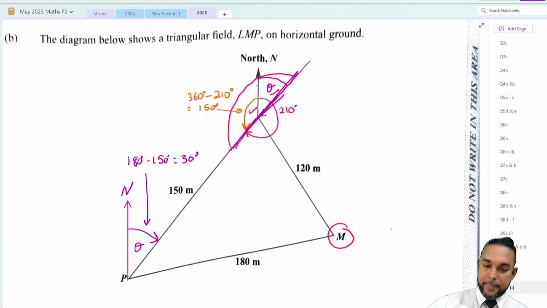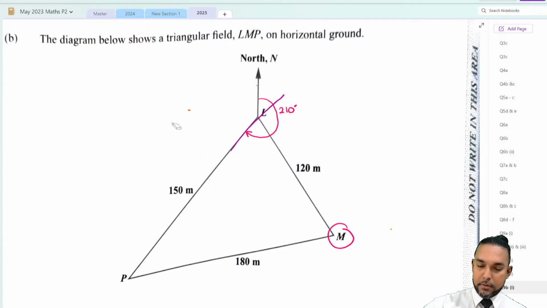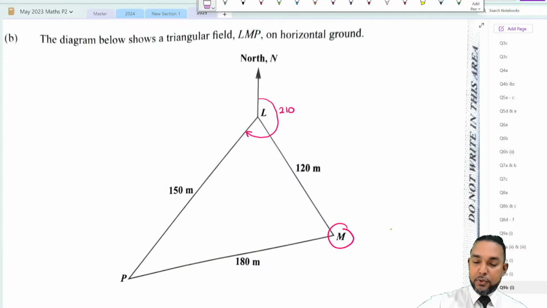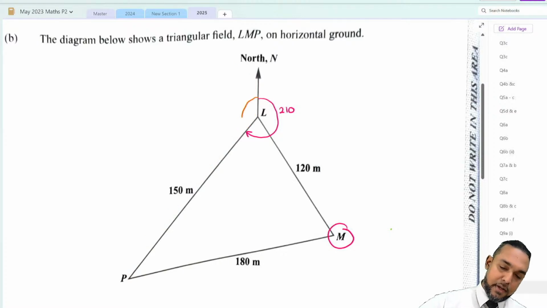Let me just recap that real quick in case anybody didn't catch it the first time around. I'm going to take out some of the extra stuff there; everything is going to go back, so don't worry. They told us to find the value of angle NLP. Angle NLP is this angle here, and now we have a whole circle.